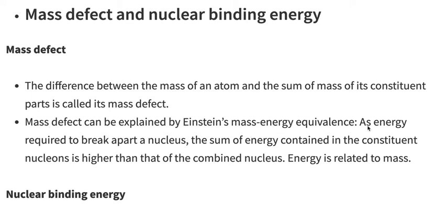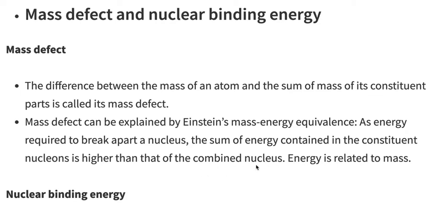And because you need to put energy in to remove nucleons from a nucleus, the sum of the energy contained in the separate nucleons, the separate protons and neutrons, is higher than that of the nucleus when it was all put together.